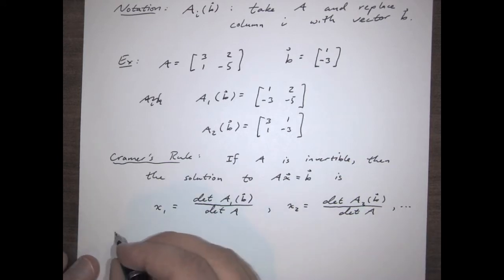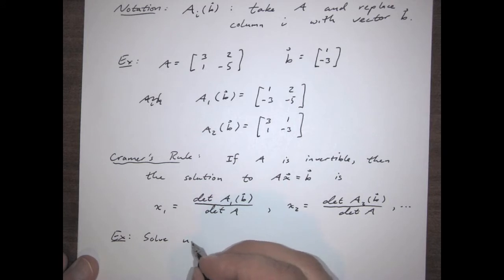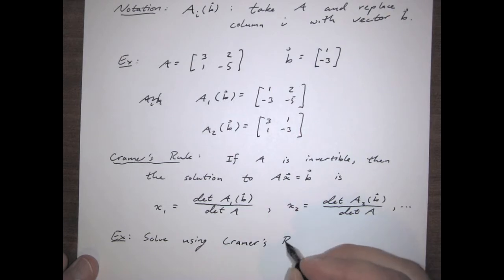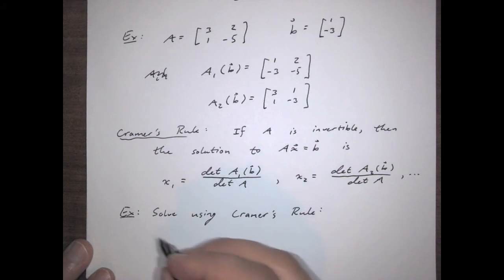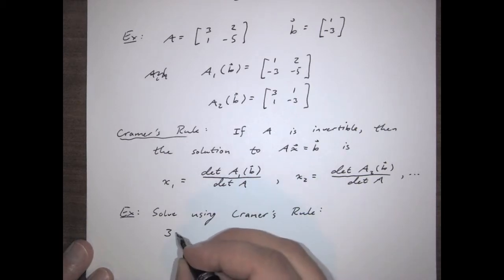So as an example, solve using Cramer's rule. And if it's only 2 by 2, frequently instead of x1 and x2, we'll just write x and y. So let's say we'll just take this very one.